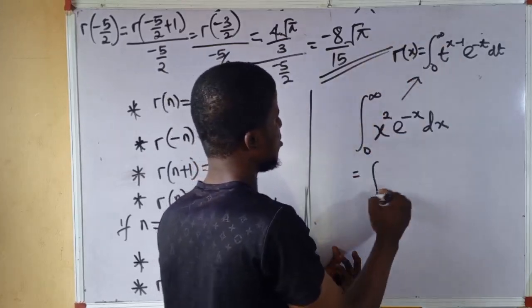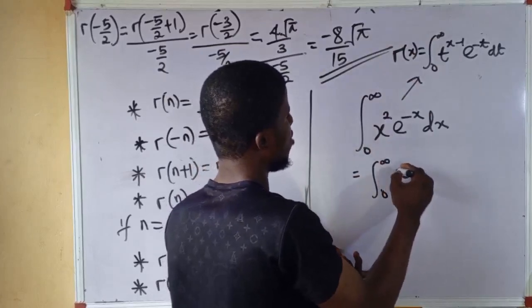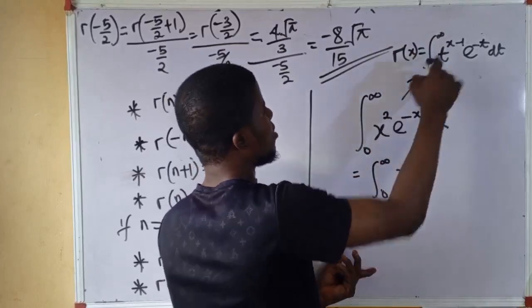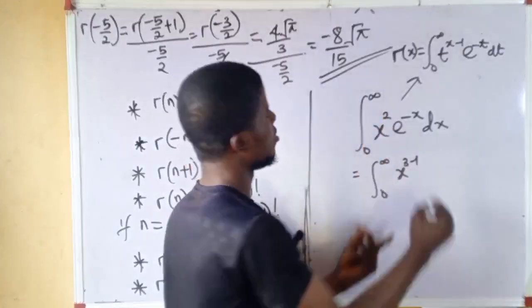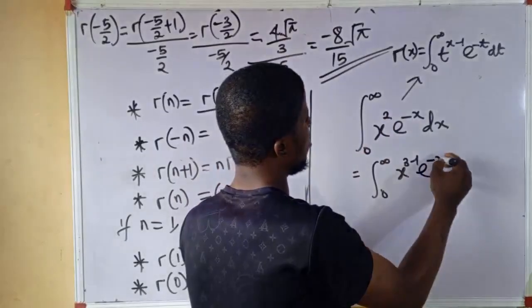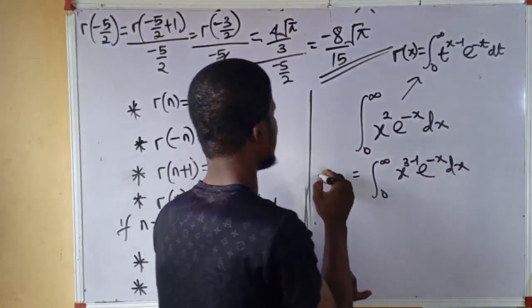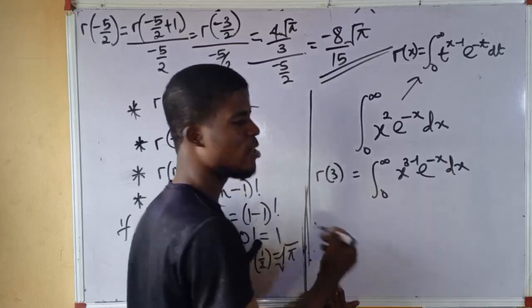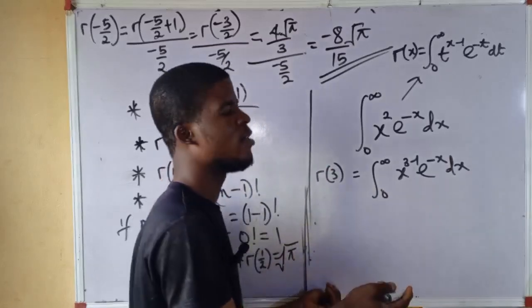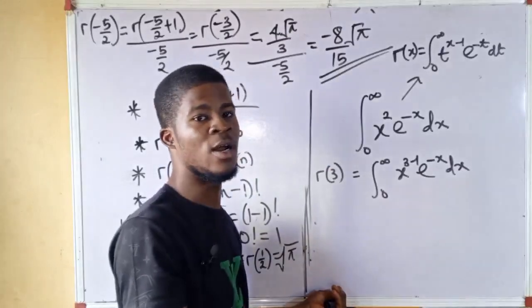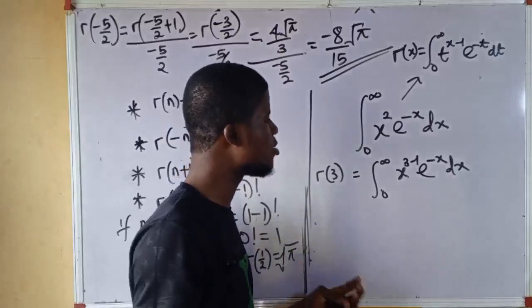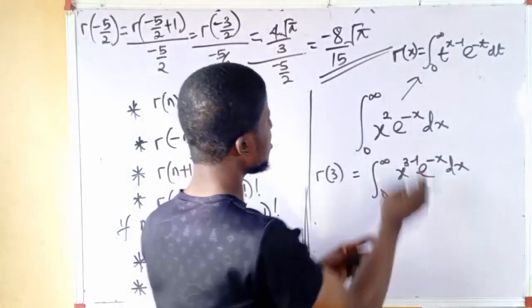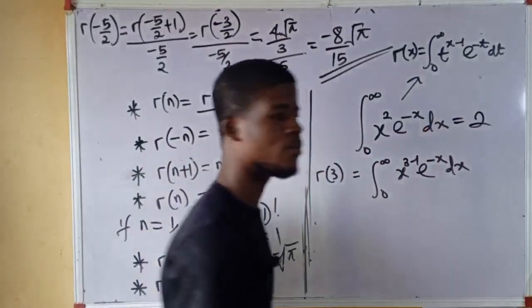This will be the integral from 0 to infinity of x to the power of 3 minus 1, because 3 minus 1 will give me 2, e to the power of minus x dx. So this is simply gamma of 3. That's what it means. And what's gamma of 3? Gamma of 3 is simply 2 factorial, and that's 2. So it is so funny and so interesting to know at the same time that this integral is equal to 2.